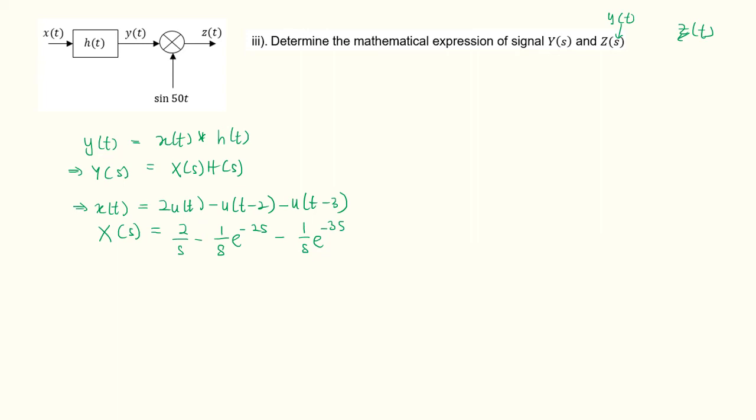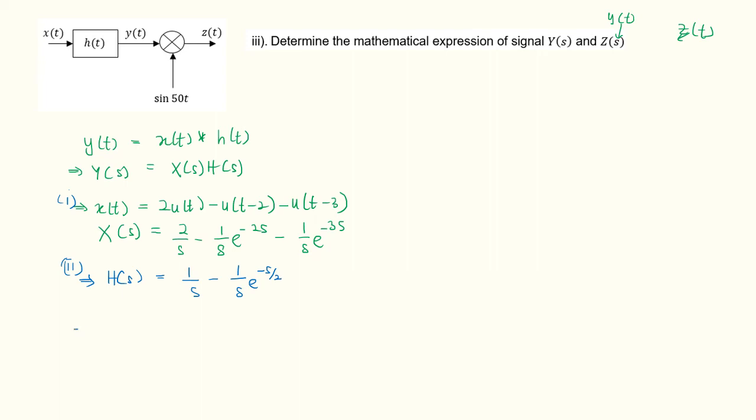And what is your Hs? Hs you have derived from question 2. So this is from question 1, and this is from question 2. Hs is equal to 1 over s minus 1 over s e to the minus s over 2.